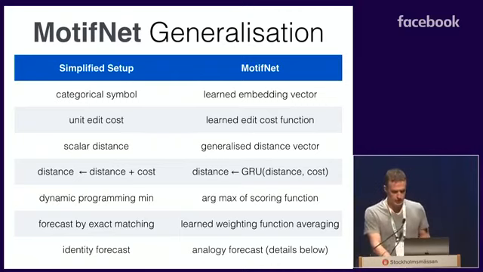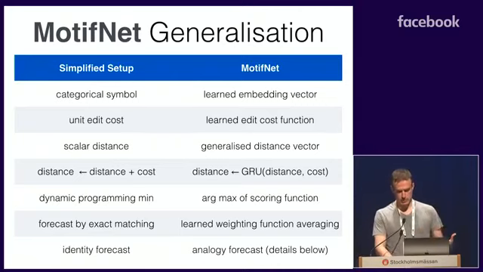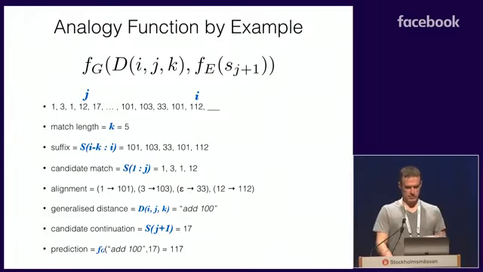The dynamic programming min has to become an argmax of some learned scoring function. And rather than forecasting by exact matching, we have to weight over all candidate alignments, basically. We do that using an analogy-based forecast, which is explained by way of an example on this slide.